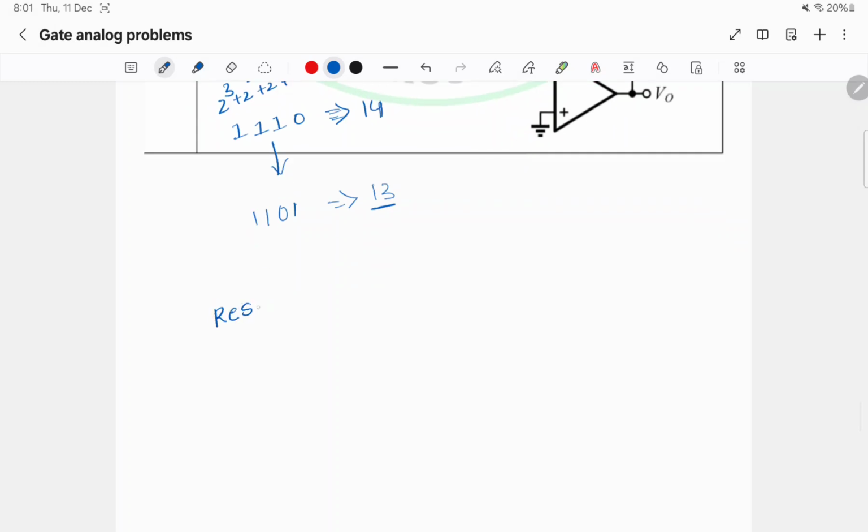In weighted DAC, the resolution is how much the output changes for 1 LSB. Here LSB is 1 bit change.